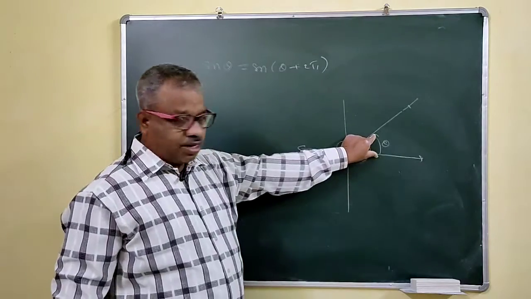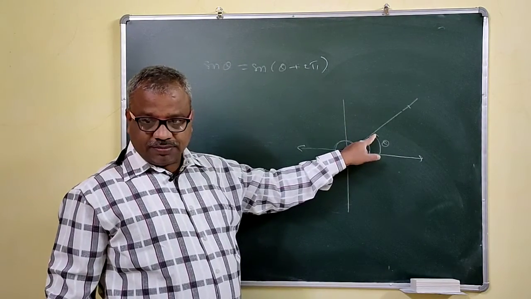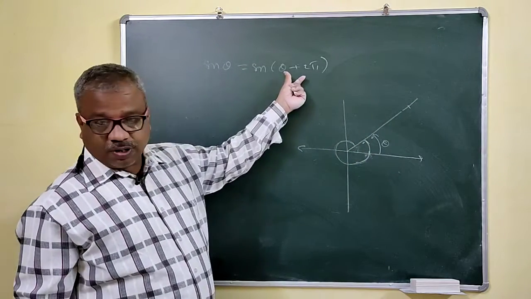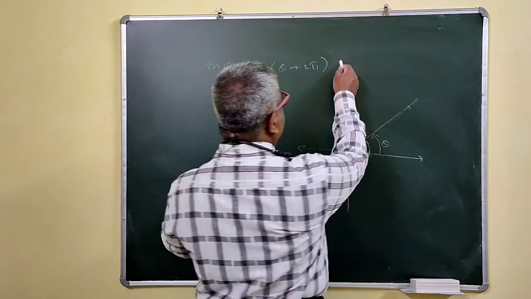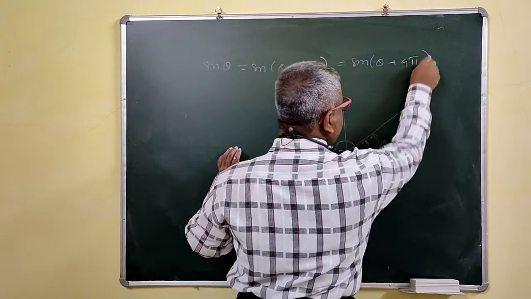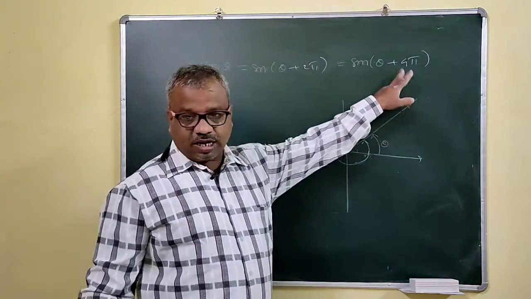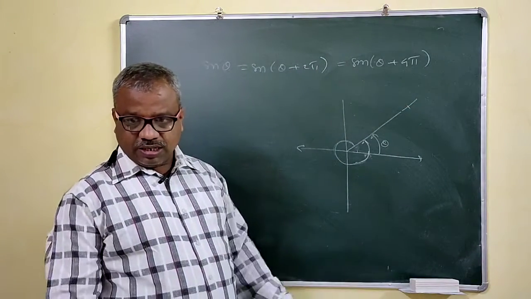Again, if you add 2 pi, it is sine of theta plus 4 pi. Theta and theta plus 4 pi are also coterminal angles, and their trigonometric ratios are the same.